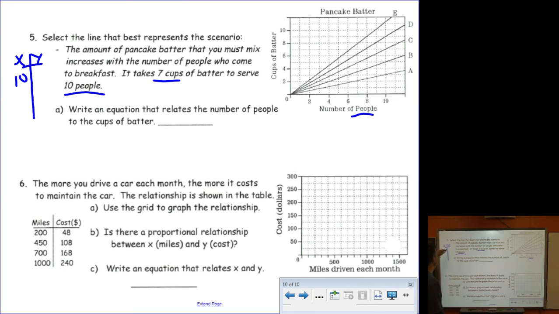So 10 people, 7 cups. Which line is that ordered pair on? That ordered pair would be right here. So it looks like line C is the line that has 10 people, 7 cups.